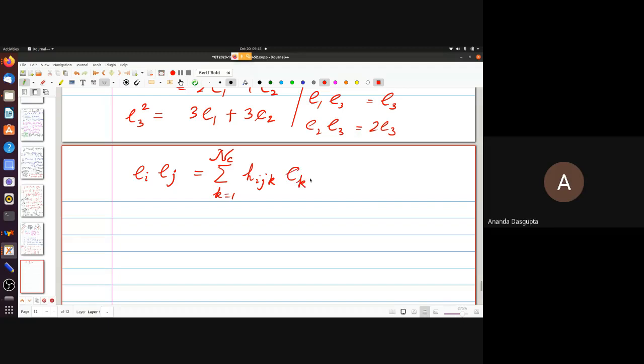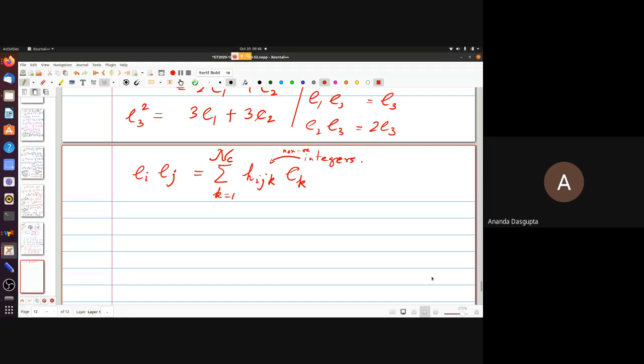Okay, this is what comes out, where the hijk are all integers, in fact non-negative integers to be more precise, of course. Okay, so this is a class algebra for any group. For any finite group, you get a class algebra. Of course, for large groups, it may take some more effort to write this down, but you can write down the class algebra anyway. Pretty straightforward. Okay, and these integers define what the class algebra really is like.